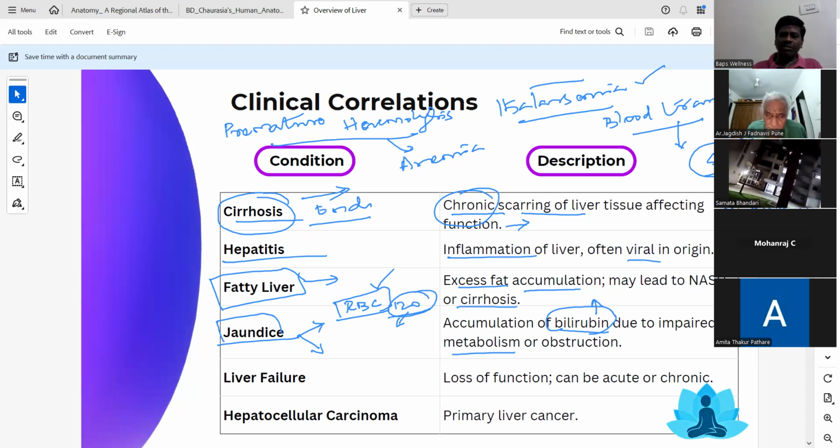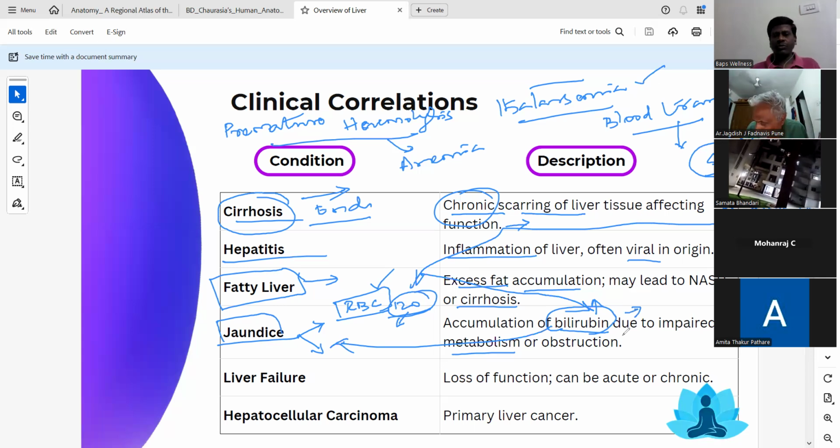Or due to some other conditions also, if the splenomegaly is there, then automatically the RBC destruction, premature hemolysis, will be there. That will produce more bilirubin, which normally could not be handled by the liver to detoxify, and the bilirubin, direct and indirect, especially indirect, will be more in such cases. So you need to look into direct and indirect when you are looking into the bilirubin of the liver function test. It has its own importance in this angle.